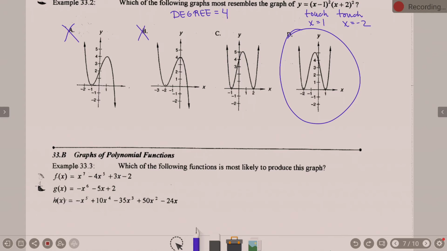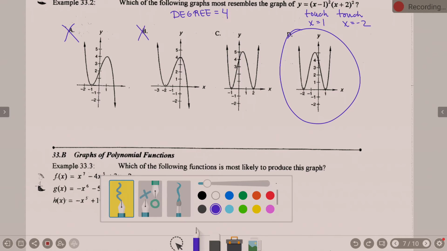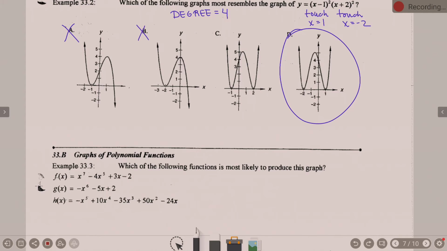However, I was going to talk about it because it reminds us of up, up, down, down behavior. Even powers I correlate to x squared because you are very comfortable with its graph. Odd powers I correlate to x cubed, which is either going to be down, up, or up, down. Okay, example 3. Which of the following functions is most likely to produce this graph? This invisible graph that you can't see.